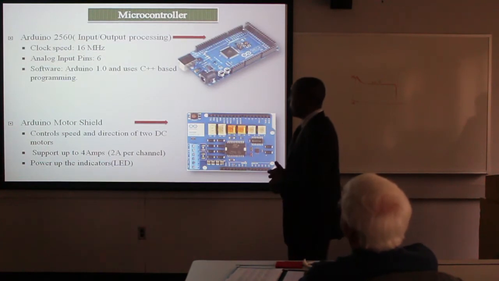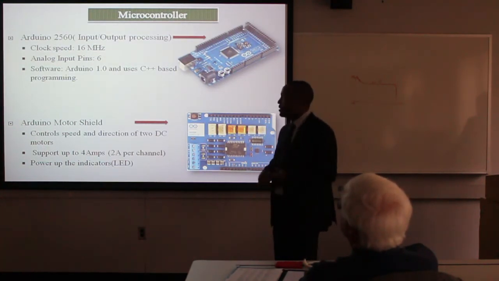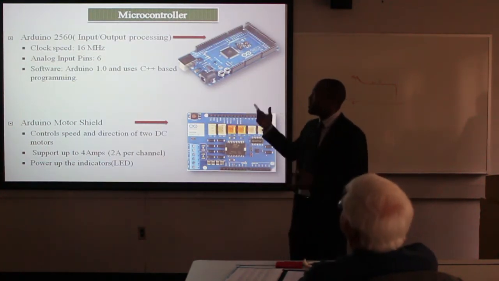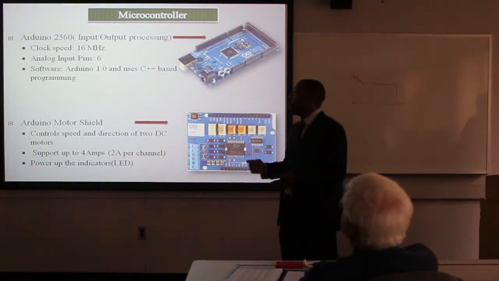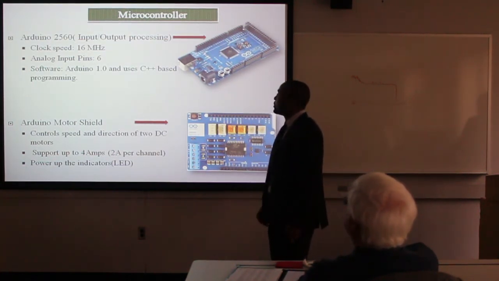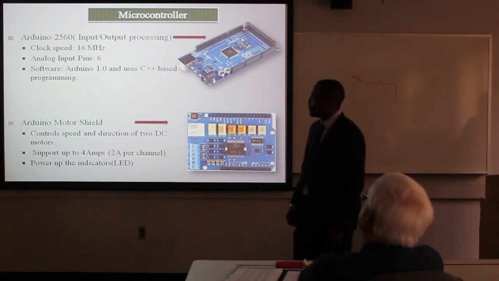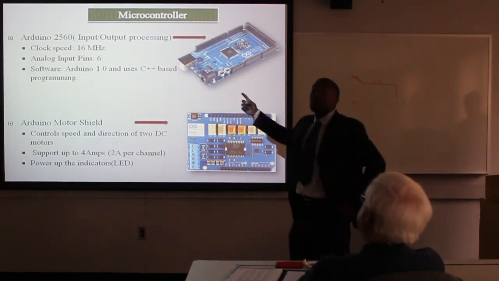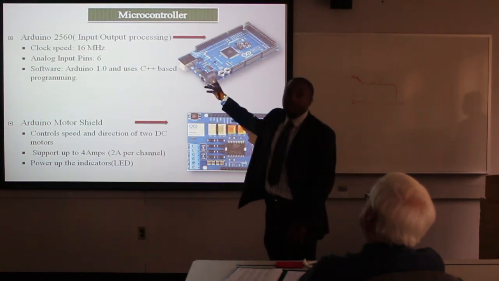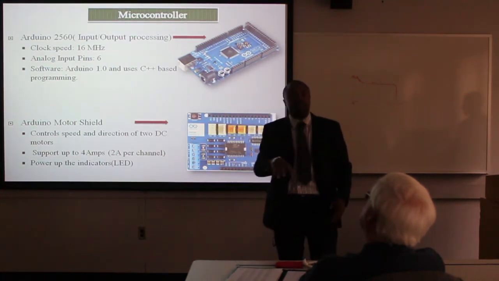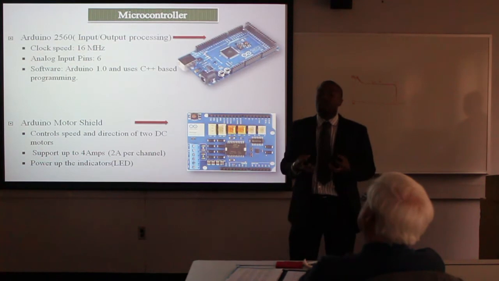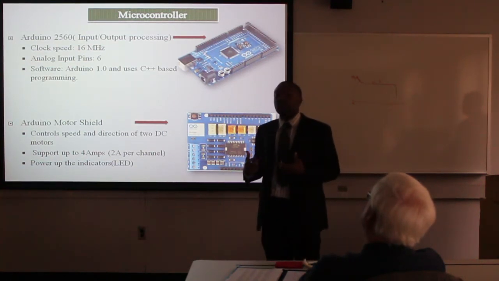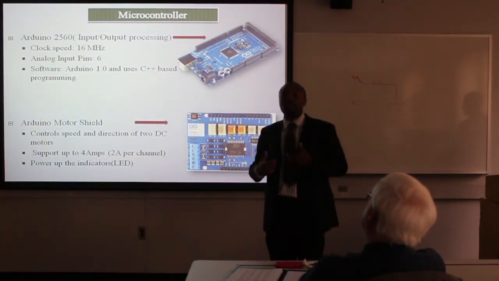Now the microcontroller, we use Arduino 2560. Clock speed 60 megahertz, analog peak 6 pin. Programming, we use Arduino 1 that uses C++ as a base to write the program. Now we couldn't control the motor directly through the Arduino board, because the motor draws a lot of current, and the Arduino board is limited in the amount of current that it can withstand.